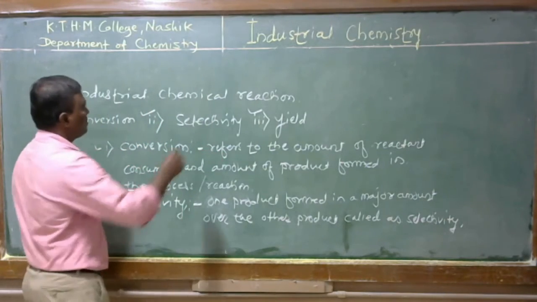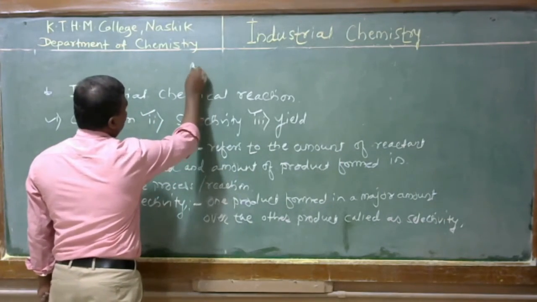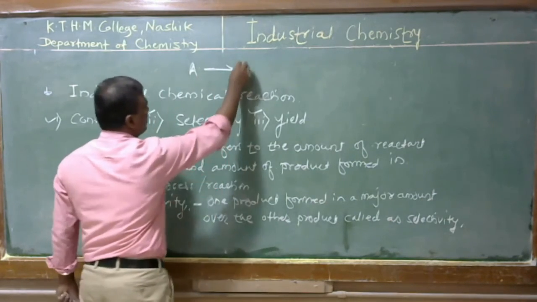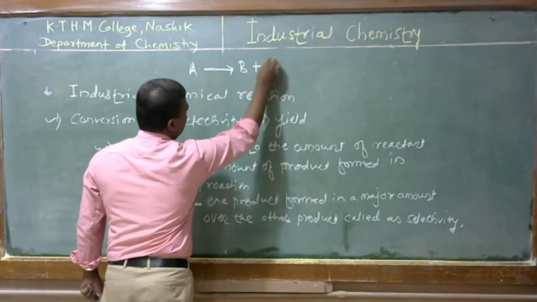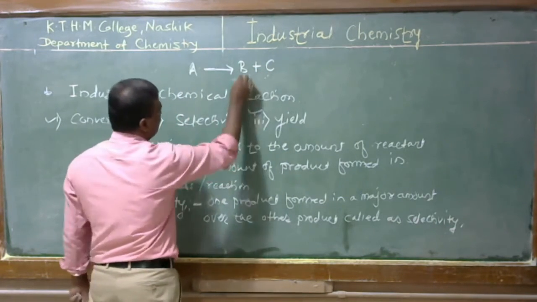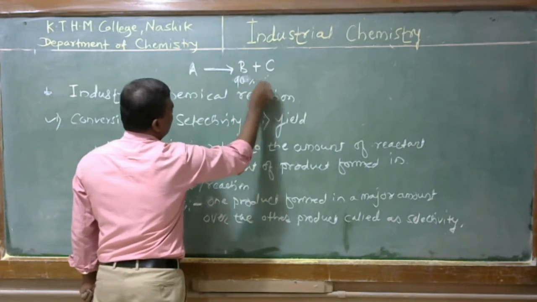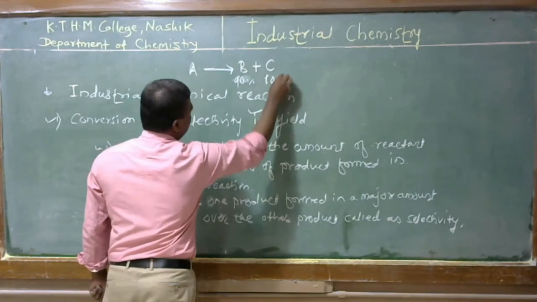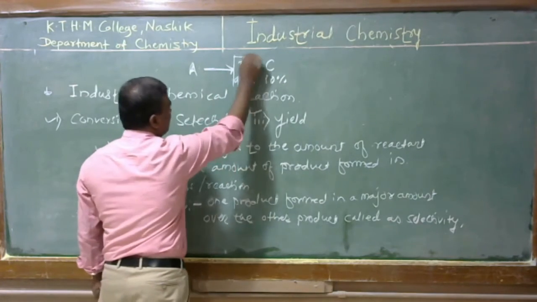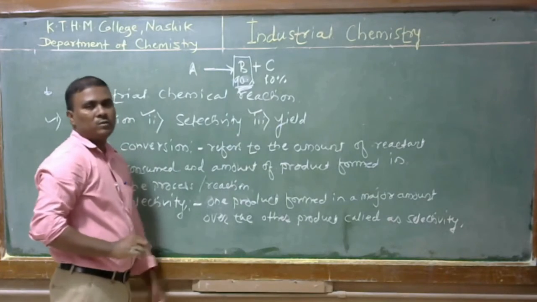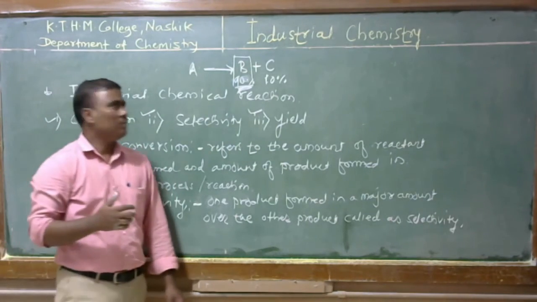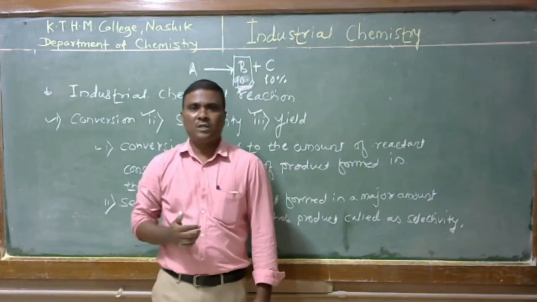For example, if you are doing the reaction A, we are getting the product B plus C. If B is obtained in a major amount, suppose 90%, and C is obtained in 10%, it means one product, B, is selectively obtained in a major amount, so it is called selectivity.